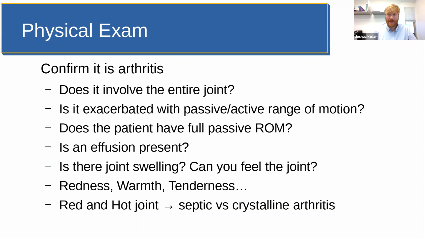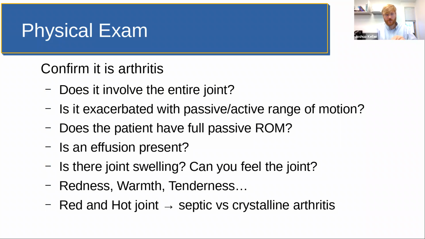Is there full passive range of motion? This is really helpful, I think, for certain joints that, not being a rheumatologist, you probably don't examine all the time, or where it's really difficult to tell if there's swelling, like the wrist or the elbow.